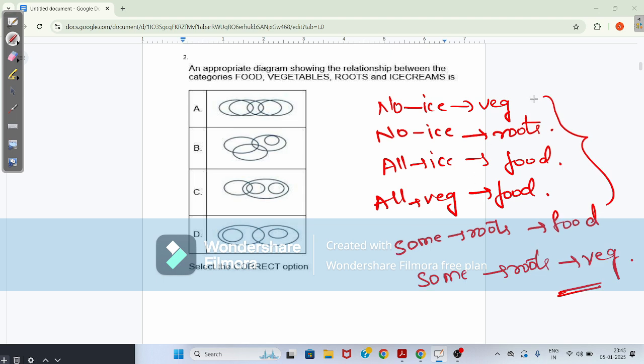When you write like this, you can observe in the Venn diagram here: consider this as ice cream, this as vegetables, and this is for food and this is for roots. So this is the Venn diagram that has been formed here.